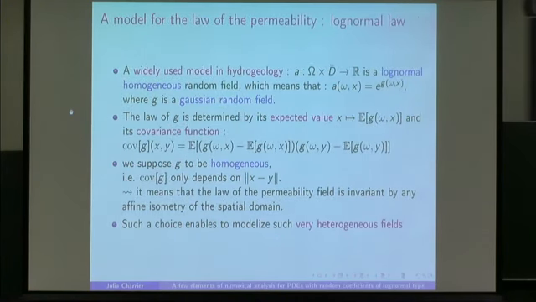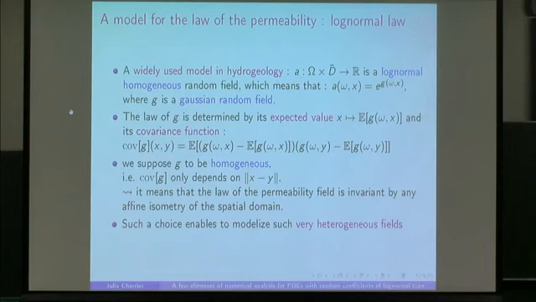Now we have to choose a model for the permeability field, and that's where a log-normal law appears, because in the community of hydrogeology, it's a widely used model to model this quantity by the exponential of a Gaussian field, which is a log-normal field. And of course, it enables A to be positive, and it has been motivated by some numerical data and also by some physical arguments.